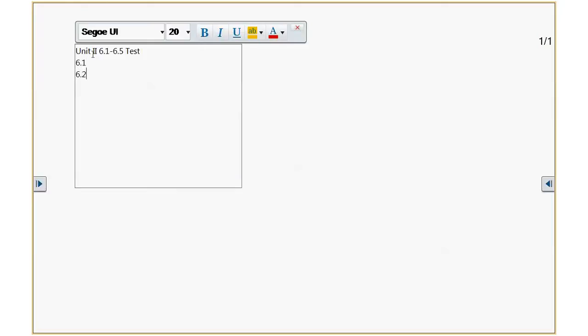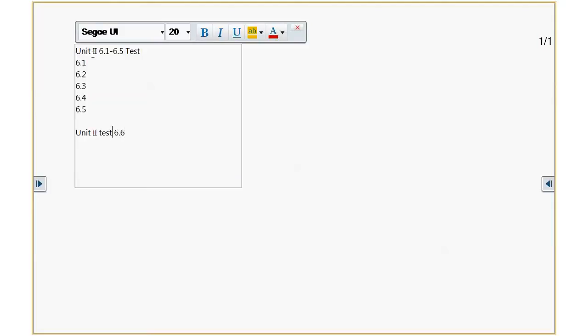I have to do this because somebody will go, whoa, whoa, whoa. So I have to do this. 6.5. I'm not insulting your intelligence. I'm just reminding the DAs of the class. The second test is called Unit 2 test, and it'll say 6.6 test or something like that.